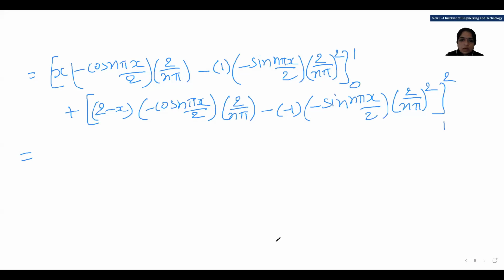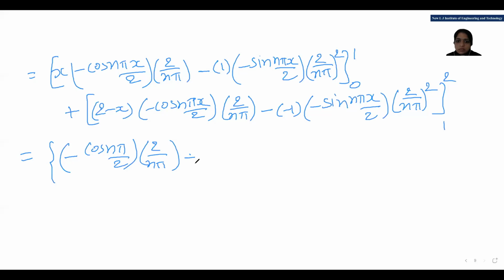By substituting the upper limit 1 in the place of x, the first term is minus cos n pi by 2 as it is, times 2 upon n pi. Now if I put 1 in the second term, again we have sine n pi by 2, which depends on the value of n.